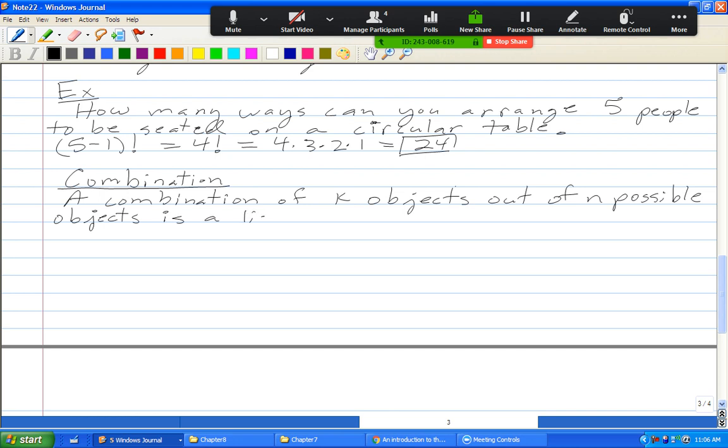A combination is a list of arrangements of k objects out of n possible objects.